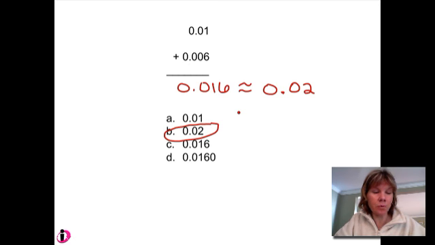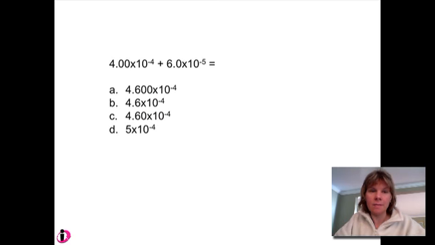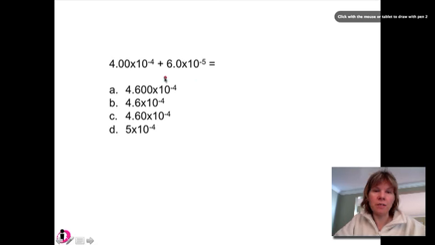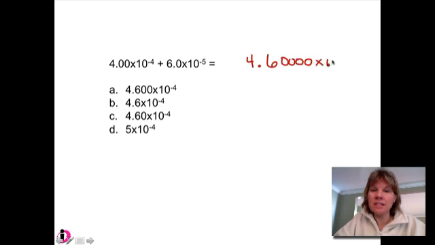Okay, let's try a couple more where we're adding. Here we go. This is an interesting case because we have things written in exponential notation, which actually makes it a lot nicer. So here, if you put this into your calculator, you would get 4.60000 times 10 to the minus 4. That's what your calculator would say. But how do we decide what's really significant?